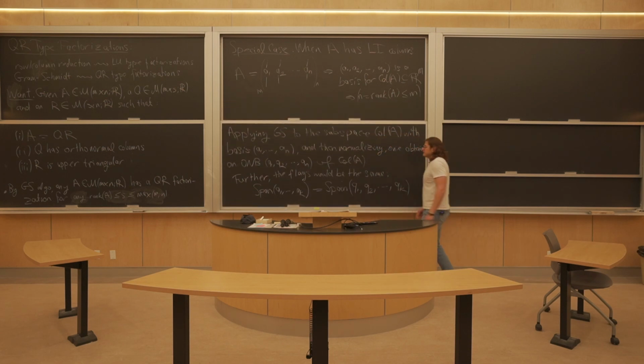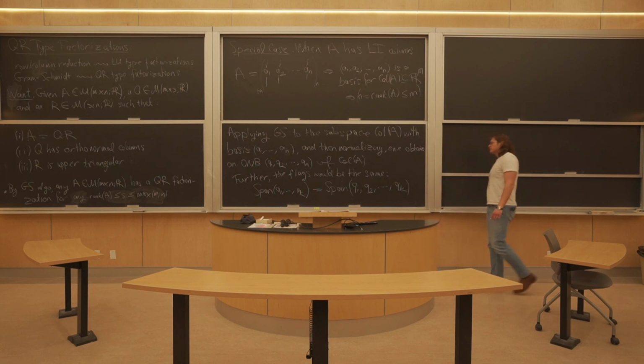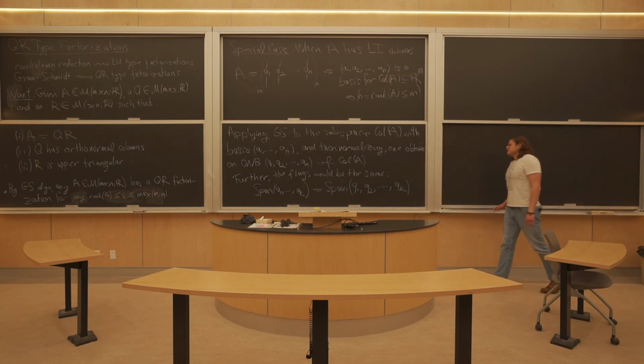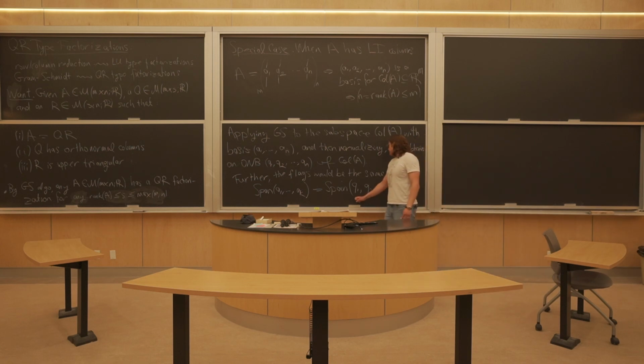If this is the case, then I can think of it like this. Ak is in the span of Q1 to Qk, which means that I can write Ak as a linear combination of these vectors.